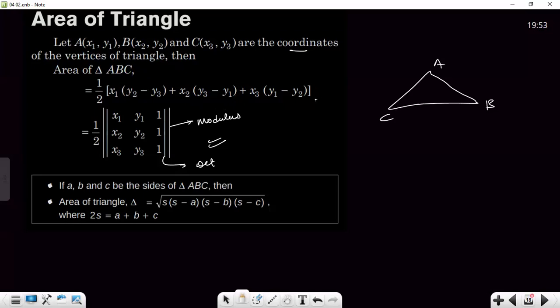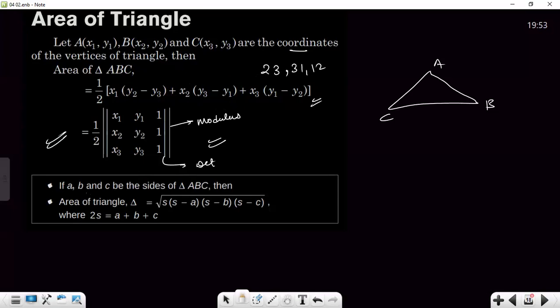If you would like to remember this formula, then remember it like how I did. I remember 23, 31, 12 for the y's, and x1, x2, x3 are obvious. You can remember it in English also, 23, 31, 12. Otherwise, this method is the best.